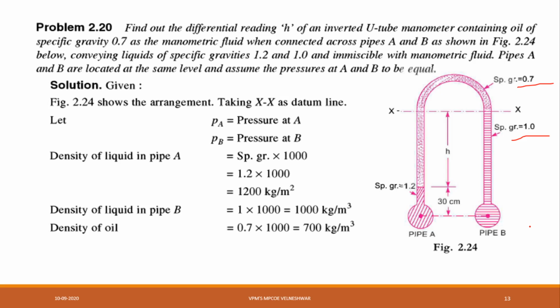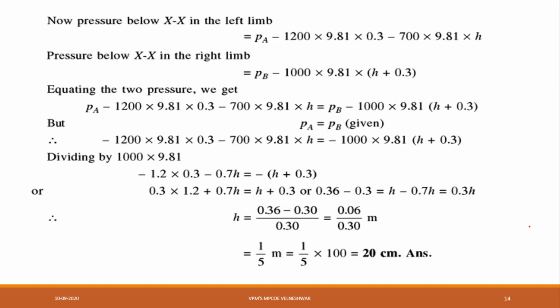Now the density of liquid in pipe A is specific gravity into 1000, that is 1.2 into 1000, equal to 1200 kg per meter cube. Similarly, the density of liquid in pipe B is 1 into 1000, 1000 kg per meter cube. The density of oil is 0.7 into 1000, that is 700 kg per meter cube.